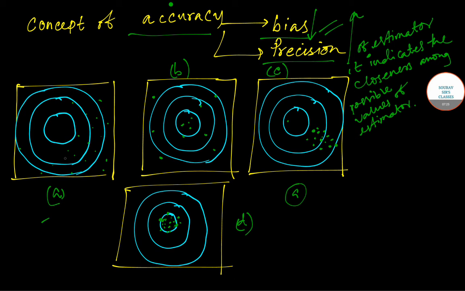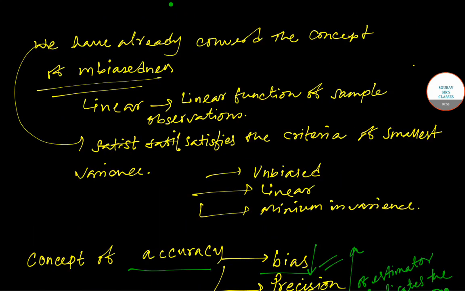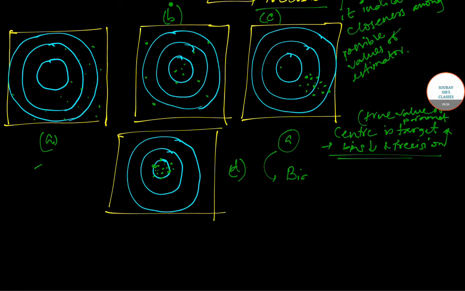In the first figure, if the center is the target, where we have the true value of the parameter, then in figure A the bias is very high as the estimators are very far from the center, and also they are very far from each other, not close.